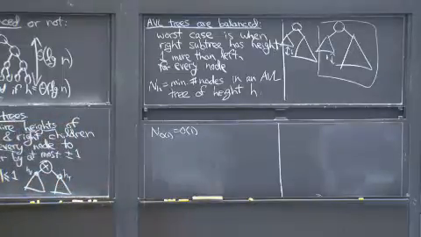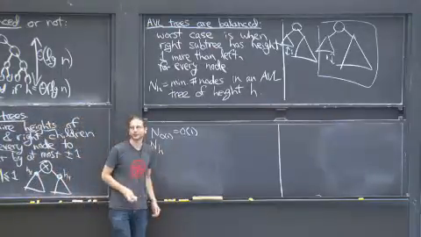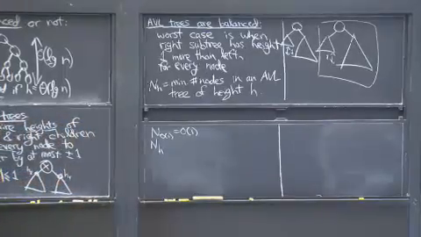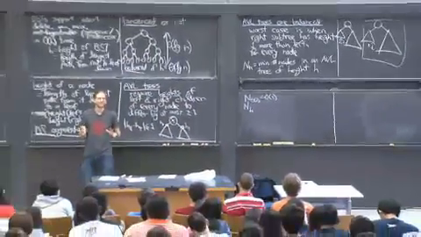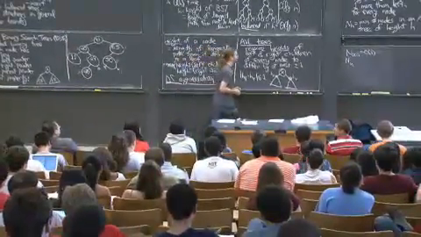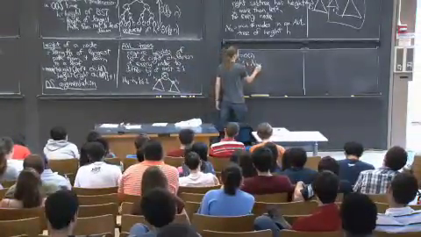What I was looking for is recursive formula, AKA recurrence. So can someone tell me, maybe even you, could tell me a recurrence for n sub h in terms of n sub smaller h? Yeah? 1 plus n sub h minus 1?